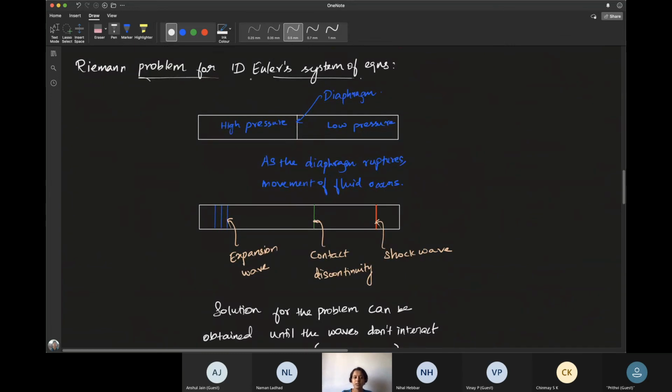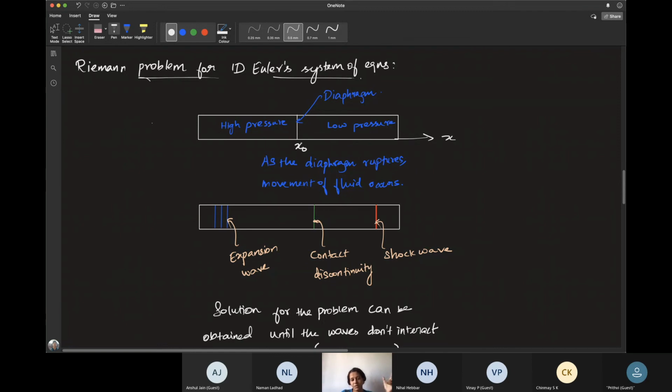This is again one dimensional. So this is your x-axis, okay? And this is a one-dimensional problem, so we won't be considering any changes in y direction. So on one side we have high pressure, we have some point x naught, there we have constructed a diaphragm, and to the left of the diaphragm we have high pressure gas, and to the right of the diaphragm we have low pressure gas.